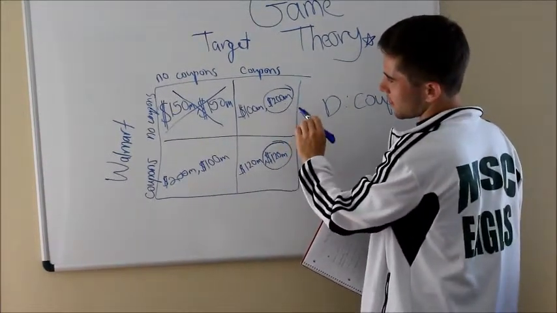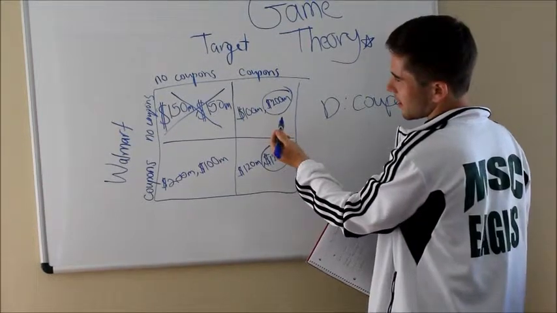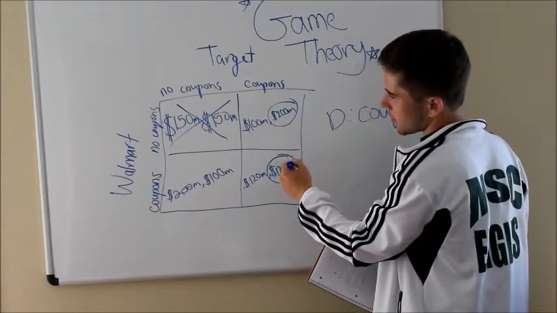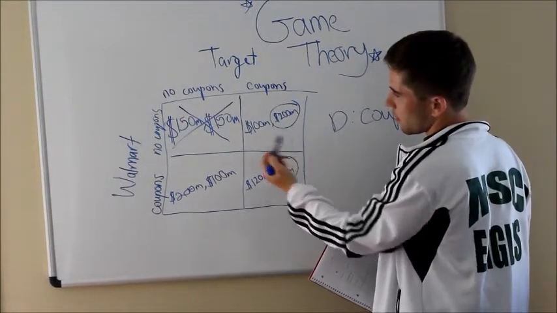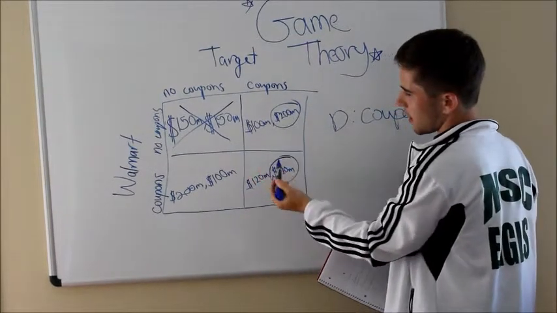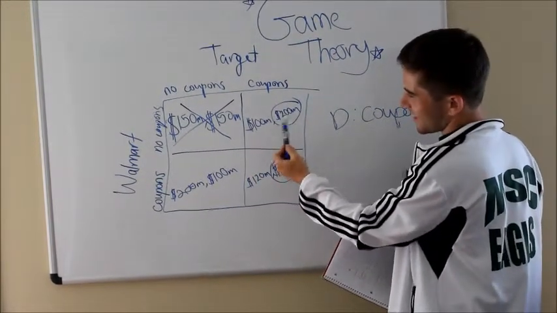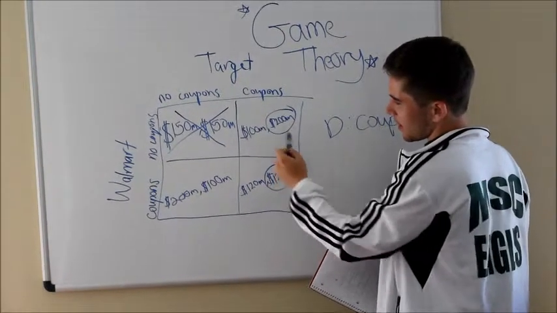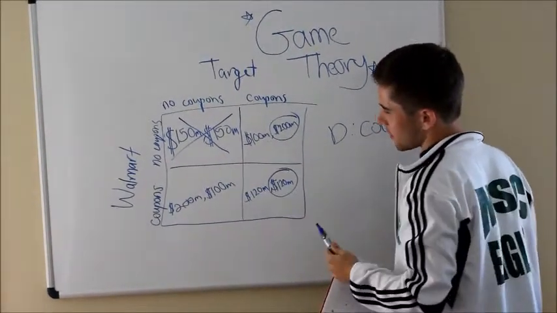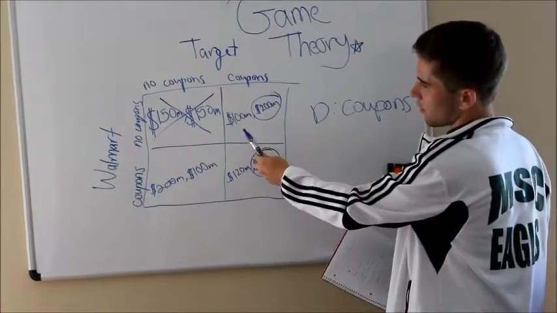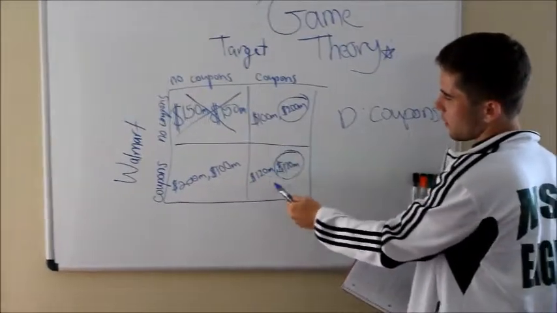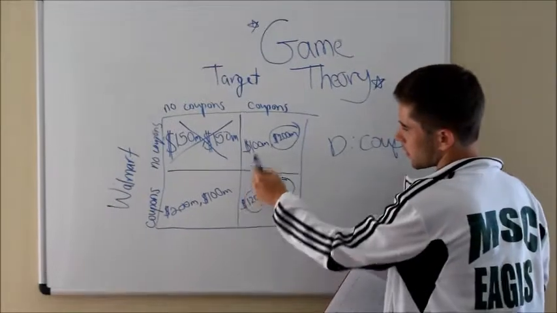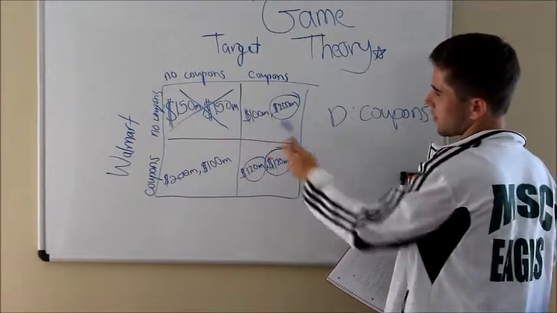And so you look at this box and you say, if Target does coupons, then will it want to move out of this box? You look at these numbers and you see the 120 and 150, so it wouldn't want to move out of this box. But for Walmart, it would want to go here because 120 is obviously bigger than 100.